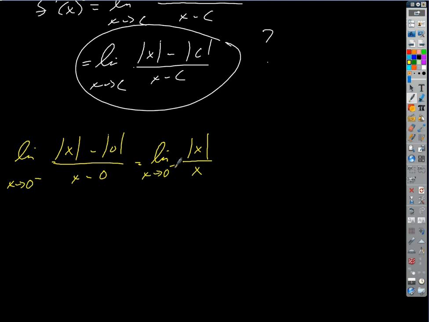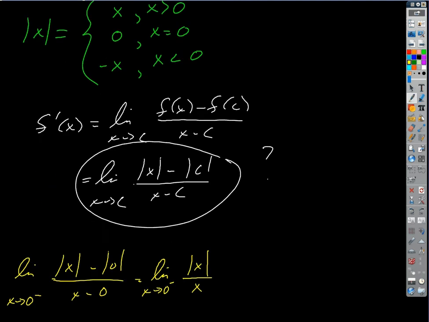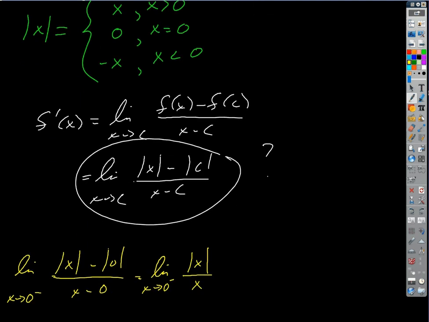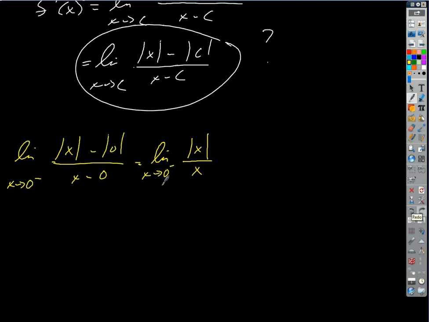So what does this equal then? When I have negative values of x, you guys told me that the absolute value of x is defined as that. Right? Does that make sense? So as x approaches 0 from the left, it's a negative value, isn't it?